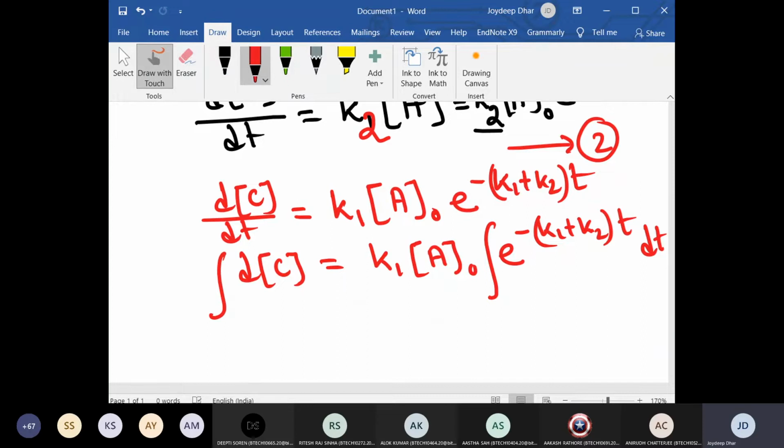Lower limit: when time t equals 0, what is the concentration of C when the reaction started? 0.